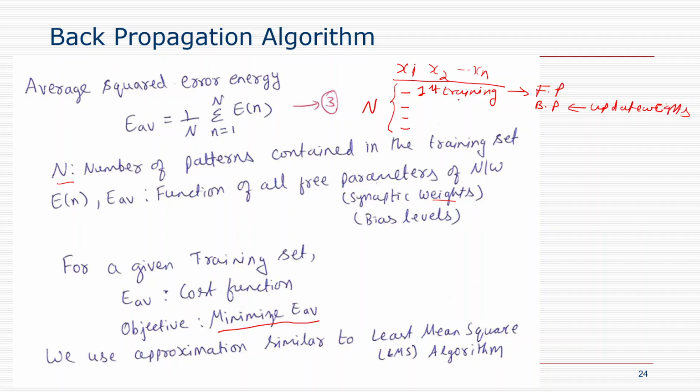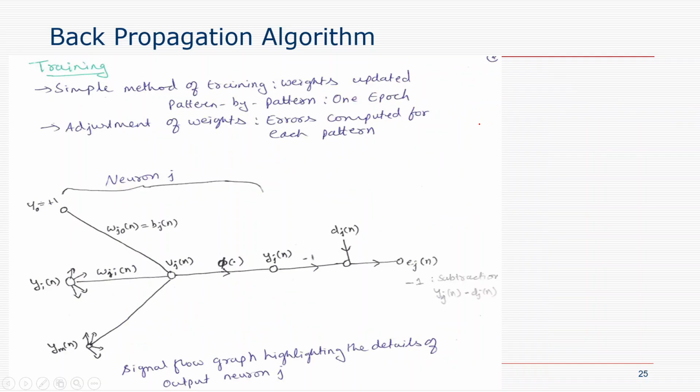After the first training example, this completes one epoch, and then we go with the second training example and do the forward propagation and the backward propagation. That method we will follow.